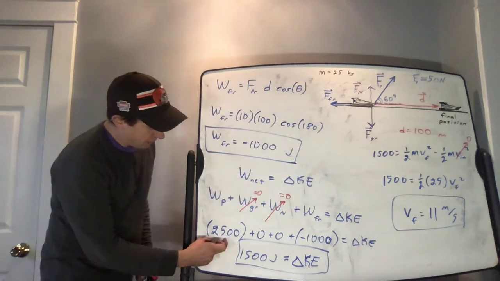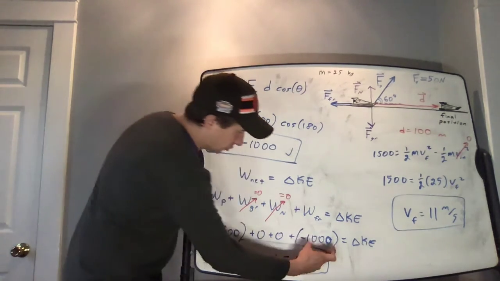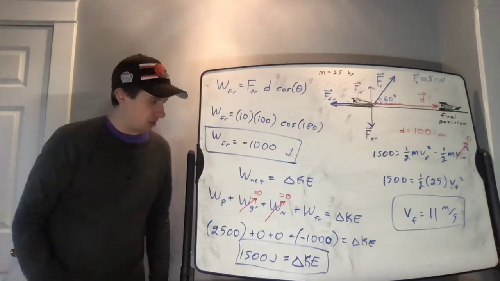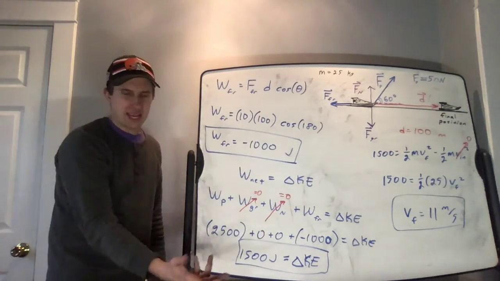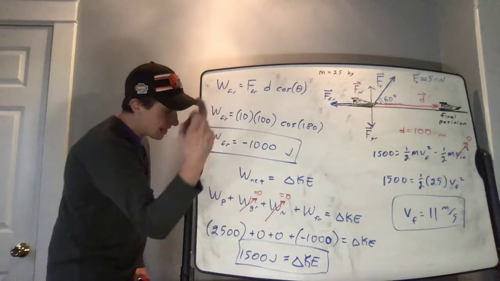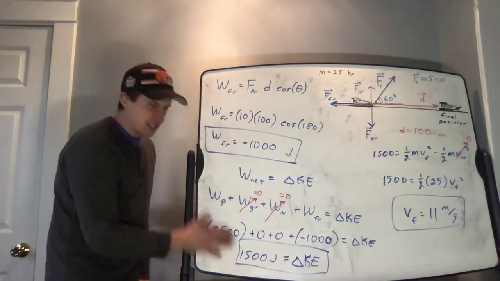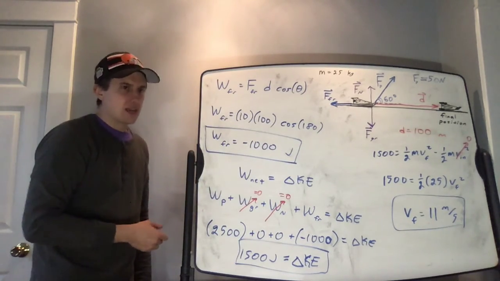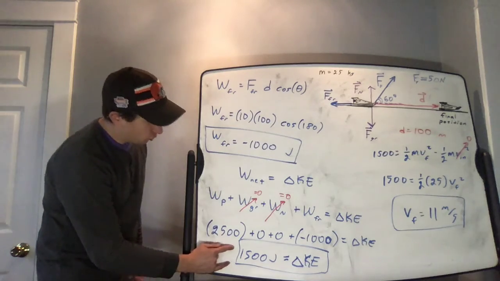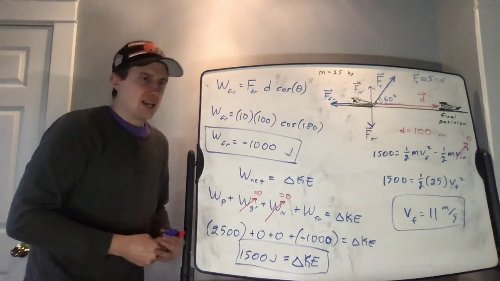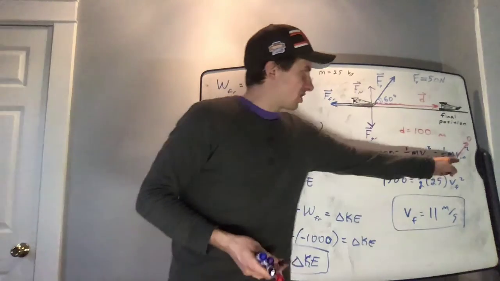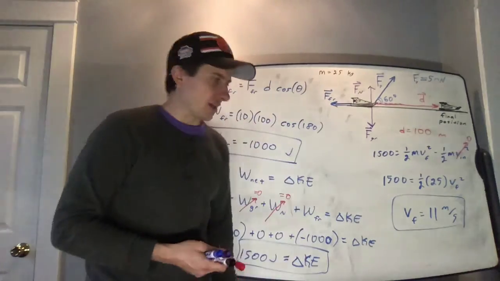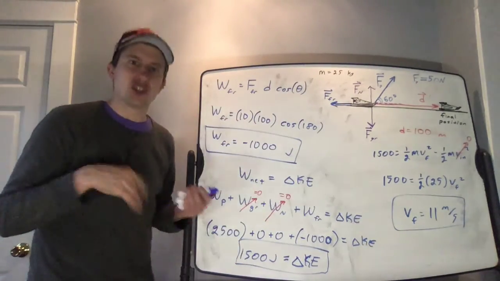So I give 2,500 to the sled, and it loses 1,000 joules from friction. These two forces don't take away or add anything. So in total, the sled gains 1,500 joules of energy. If I know how many joules of energy the sled gained, then if I know the initial speed of the sled, I could learn something about the final speed of the sled. And that's just what we've done here.